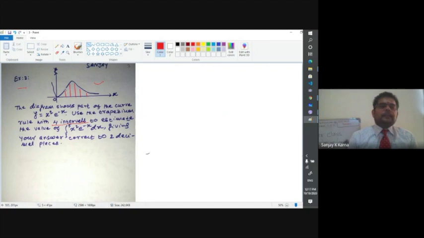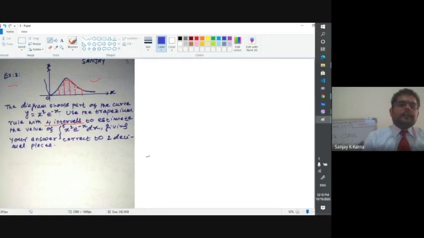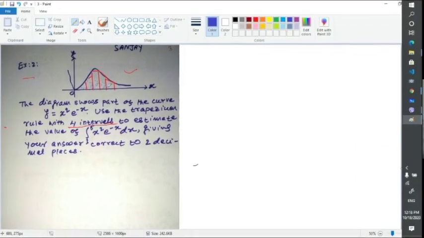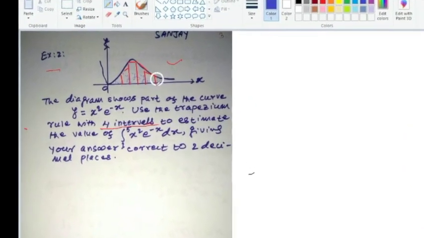Then you can consider the trapezium like this. Your trapeziums will be like this, and like this. Take another pencil: say this is y1, this height is y2, this height is y3, this height is y4, and this is y5.